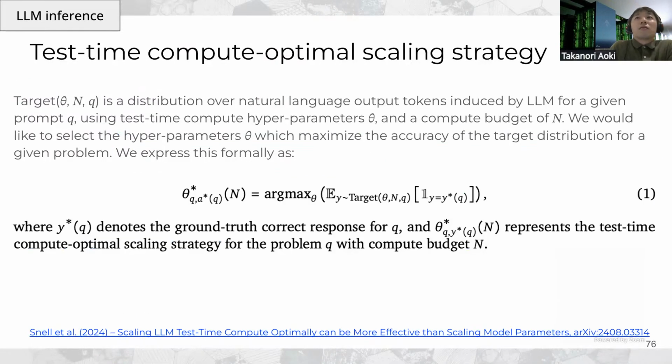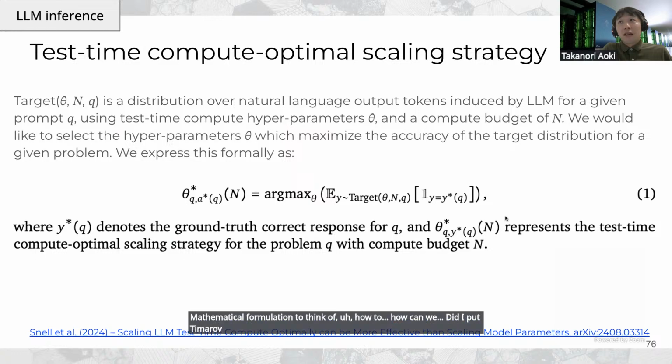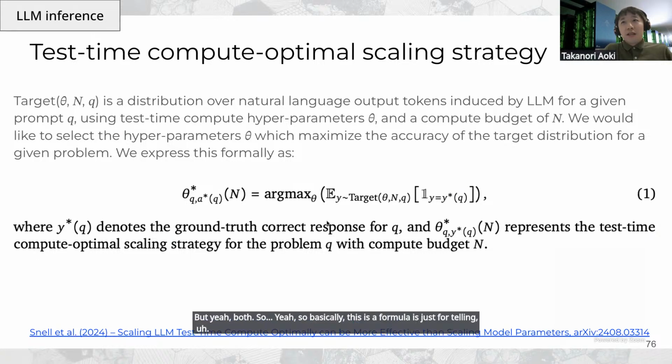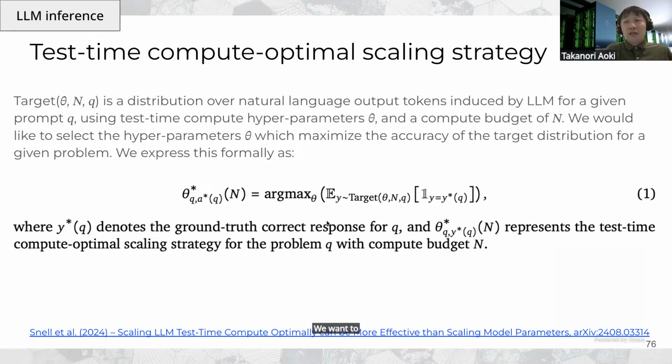This is a mathematical formulation to think of how we can derive the optimal scaling strategy given the variables. Basically, this formula says we want to find the optimal scaling strategy for test time compute given a couple of factors.